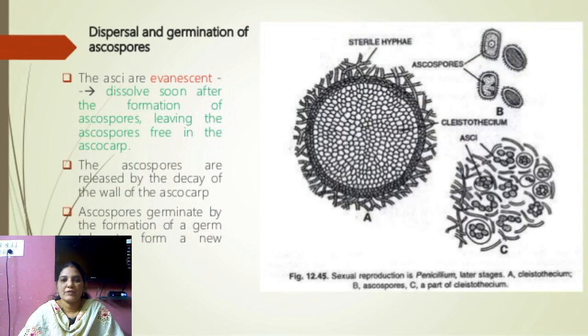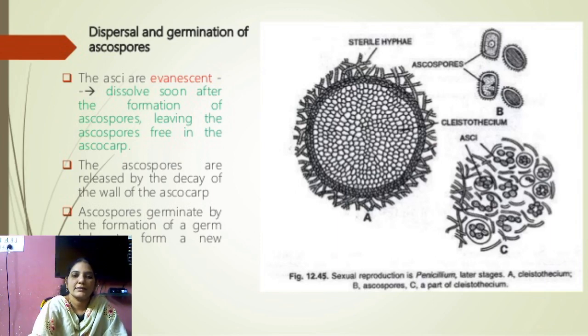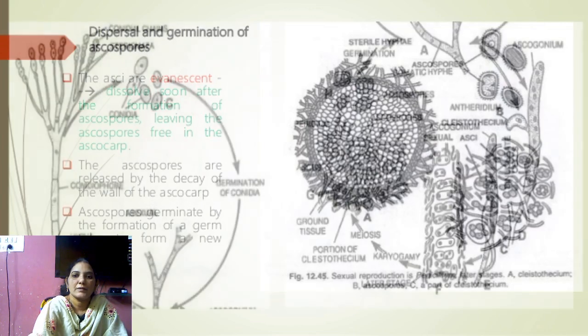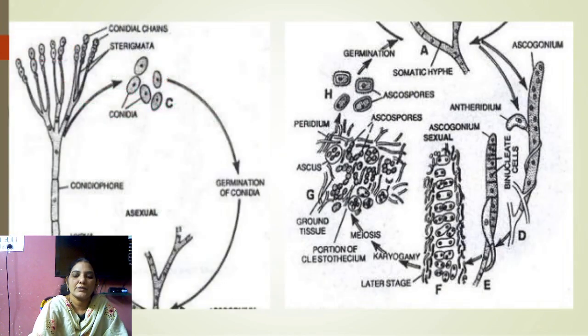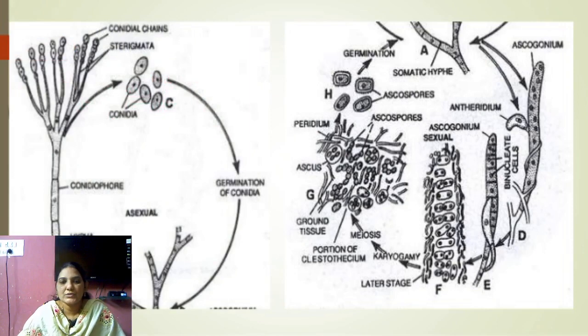The cleistothecium outer layer ruptures and the ascus outer layer ruptures, and the ascospores enter into the air, and they enter into the citrus fruits. They form a germination tube and produce the Penicillium thallus.